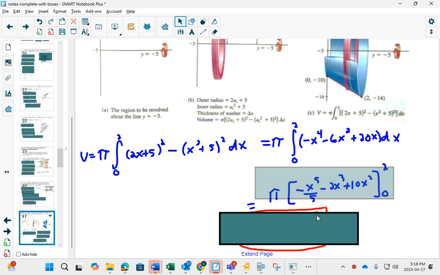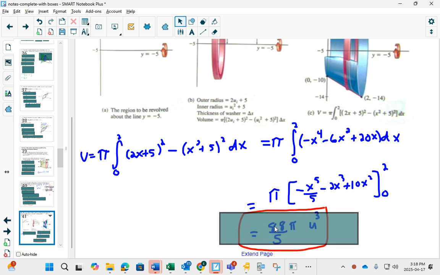And the integral is easy. The plugging in isn't bad. And notice that we have the pi out in front. You could multiply that out to get an actual number, but we may as well just keep it as an exact answer in terms of pi.